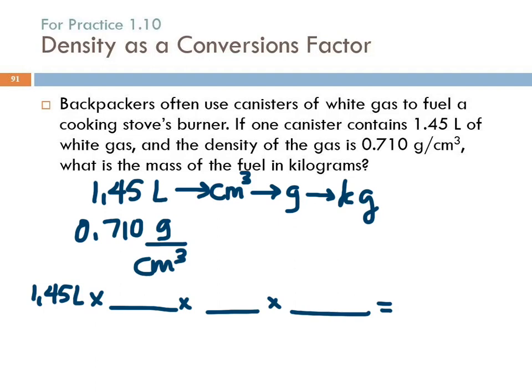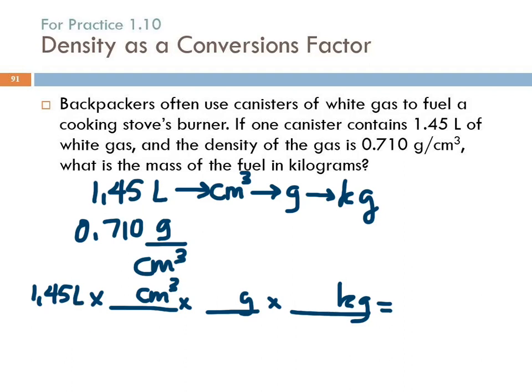What we wrote in the path goes in the numerator here. Liters, cubic centimeters, grams, kilograms. That's going to get us where we want to go. The units in the bottom will be the same as the unit in the previous term because we want to get rid of liters.